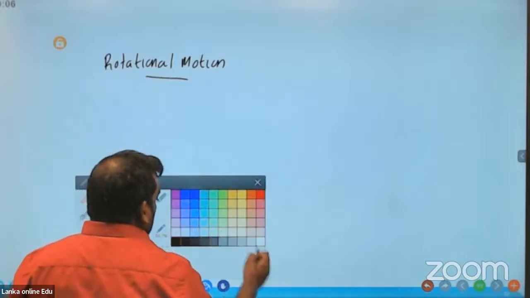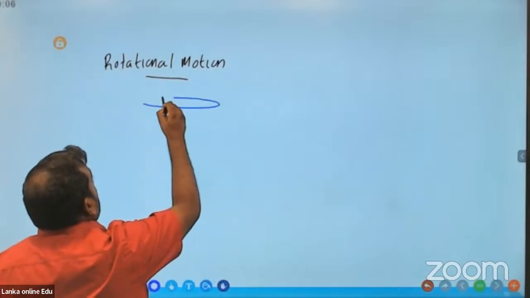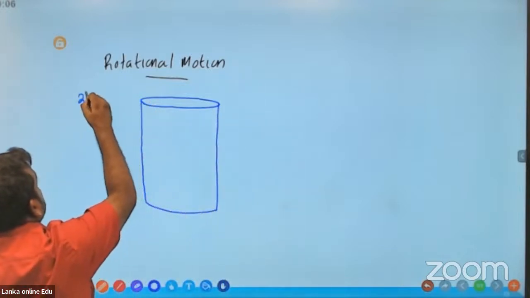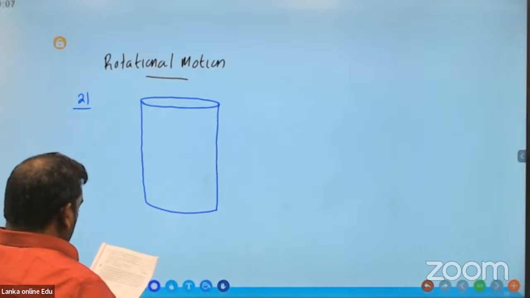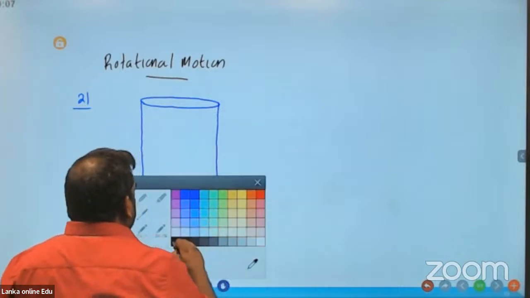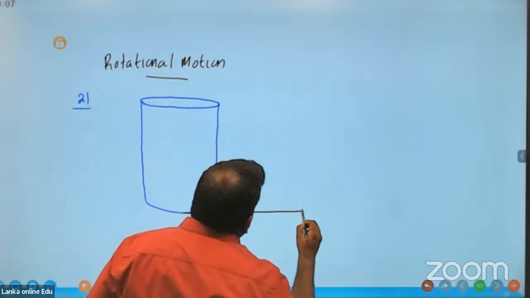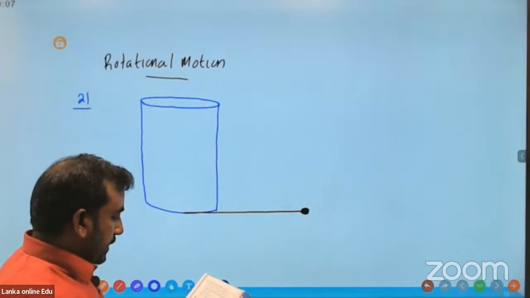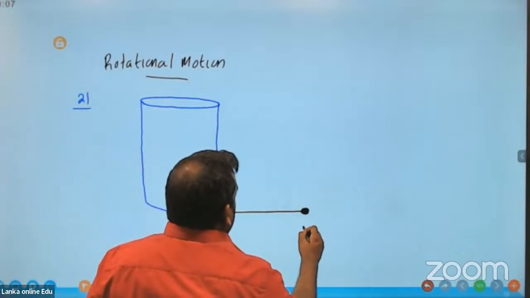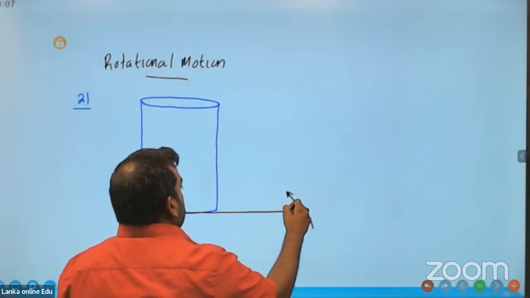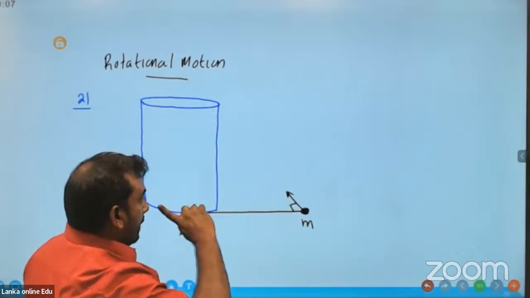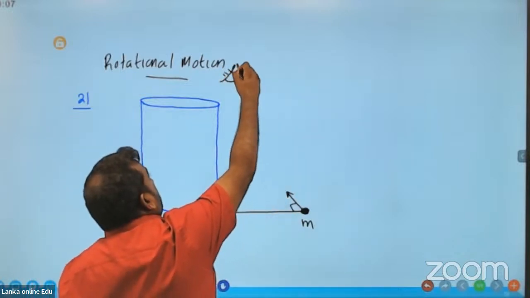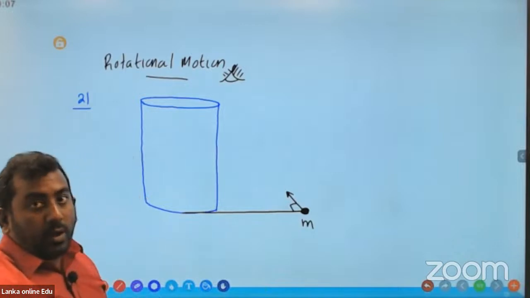So if you look at this carefully, here you have the cylinder. Question 21. Now, there is a string connected here tangentially. String and mass connected, and this is traveling tangentially like that. So it's going to wrap around. The best thing is I'll look from top. When I look from top, how will I see it?